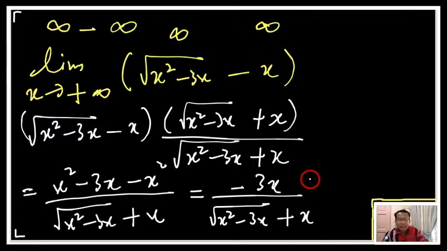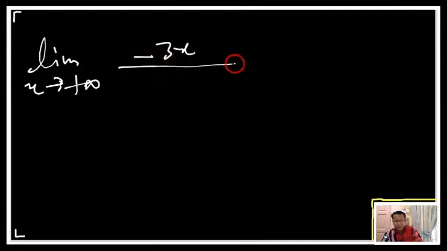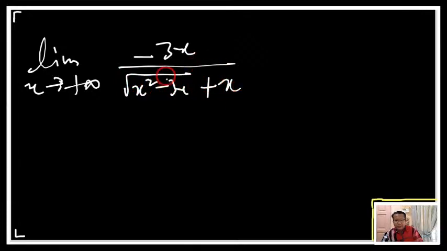Now, what you can do is the limit x approaches positive infinity. Now it has become like this, square root of (x squared minus 3x) plus x. Now you already have this. It's simple now. Okay, this one positive, divide by x and x squared.